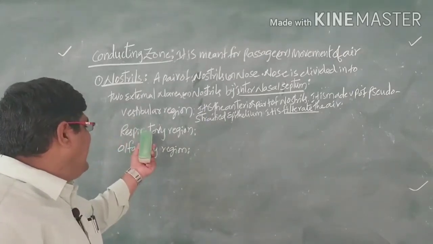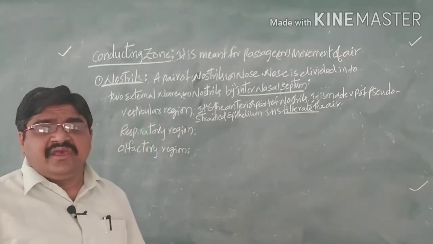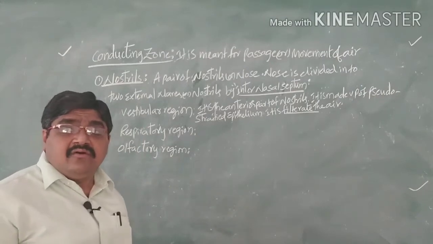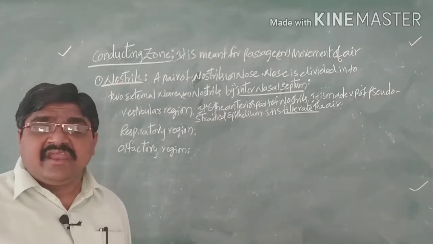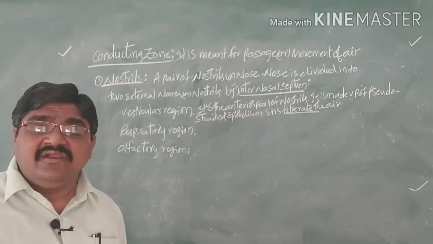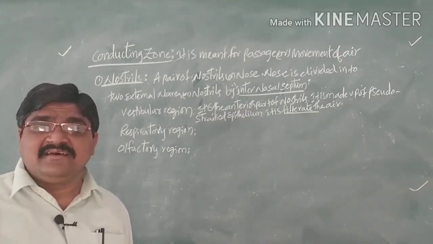And the second one is the respiratory region. It is the middle part of the nostrils, which has a glandular and vascularized layer.